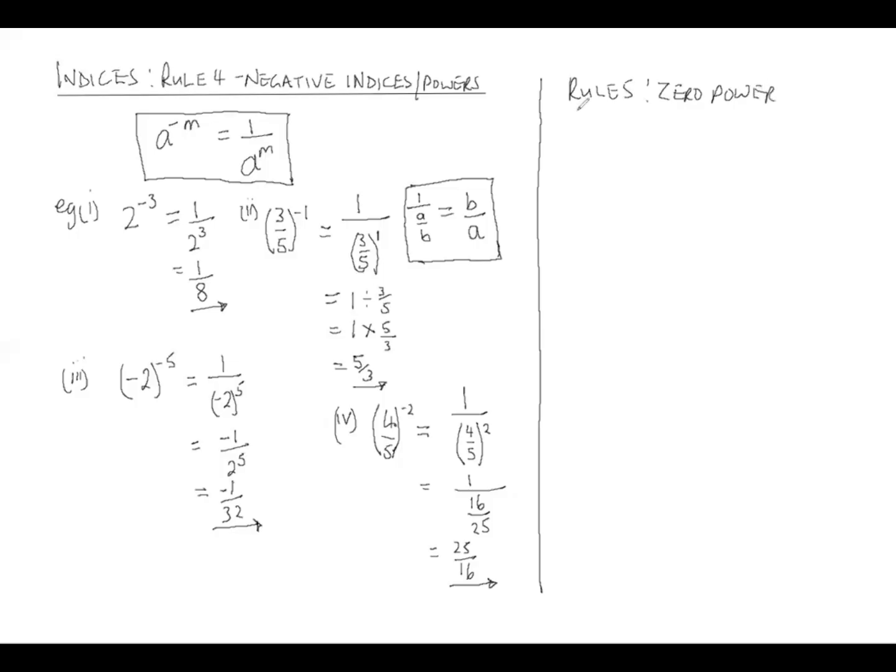I'm just going to underline it here. So anything raised to the power 0, the answer we get is 1. Doesn't matter what it is, whether it's x, whether it's a number, whether the number is a million or a billion, anything raised to the power 0, the answer that you get is 1.